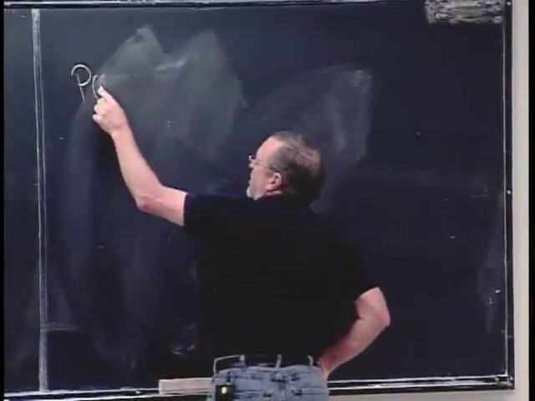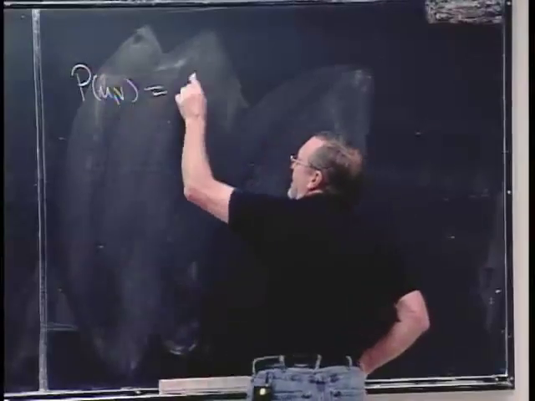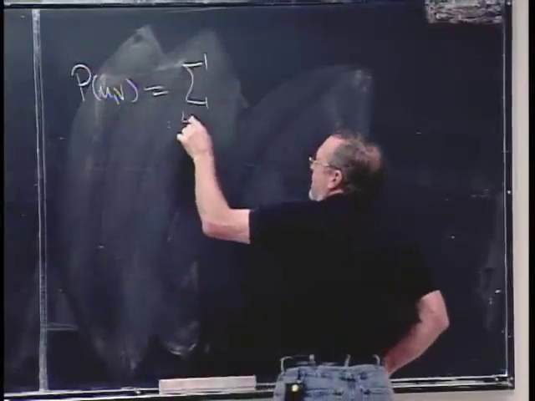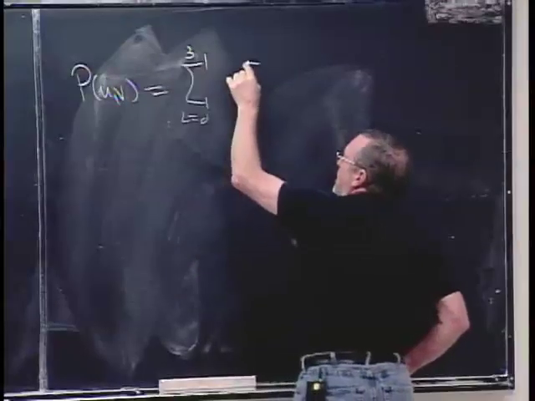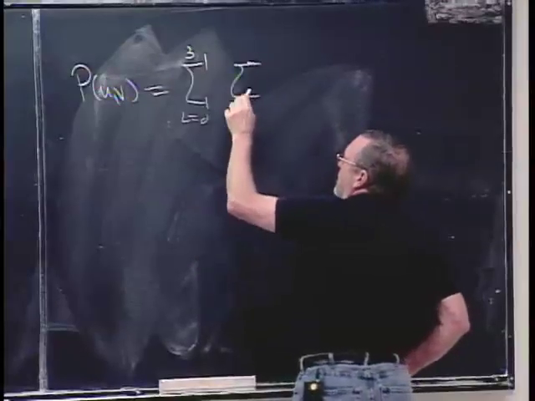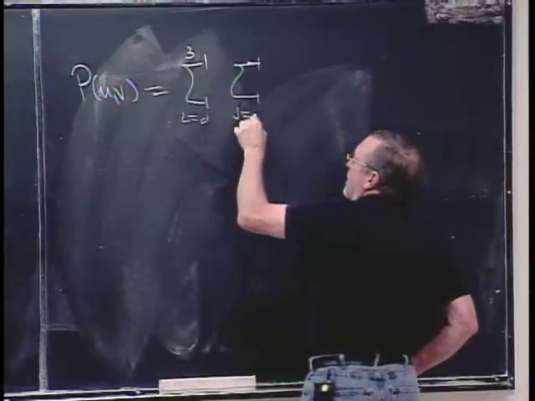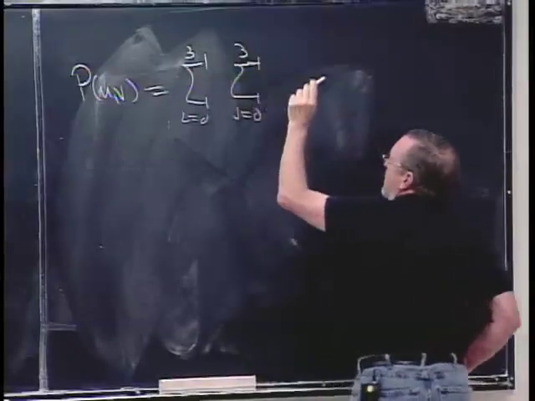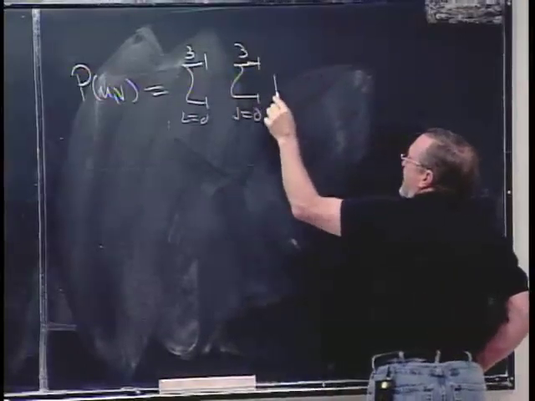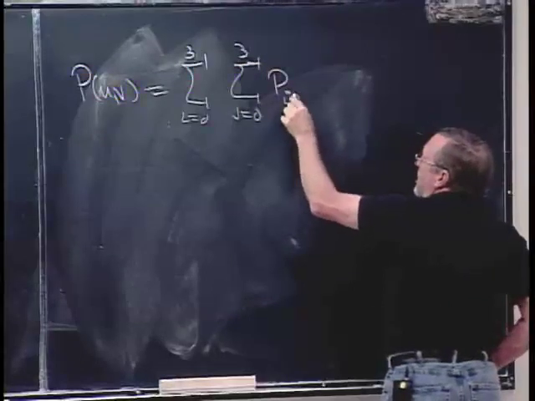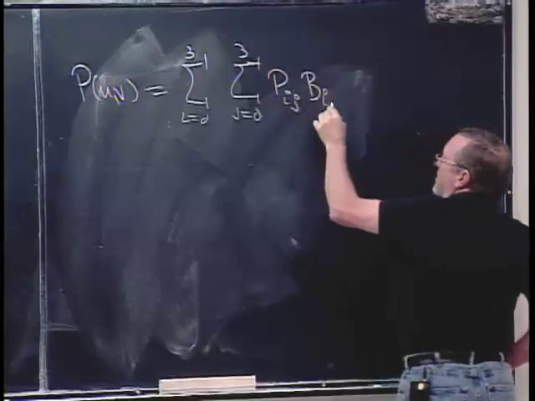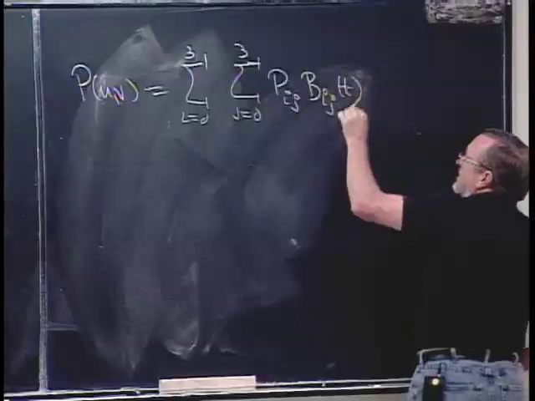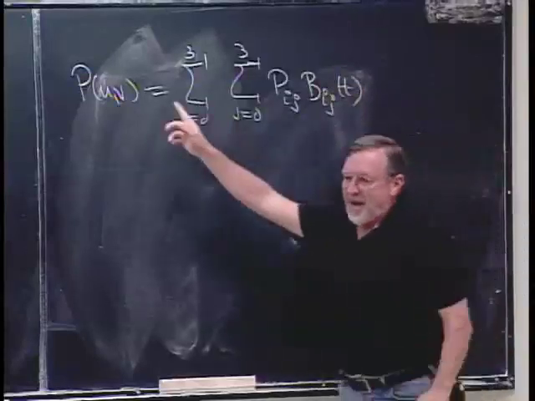I'll write it down. Don't copy this down. I'll do 3. The sum of P_ij and B_ij. You can actually write down a math equation for this.